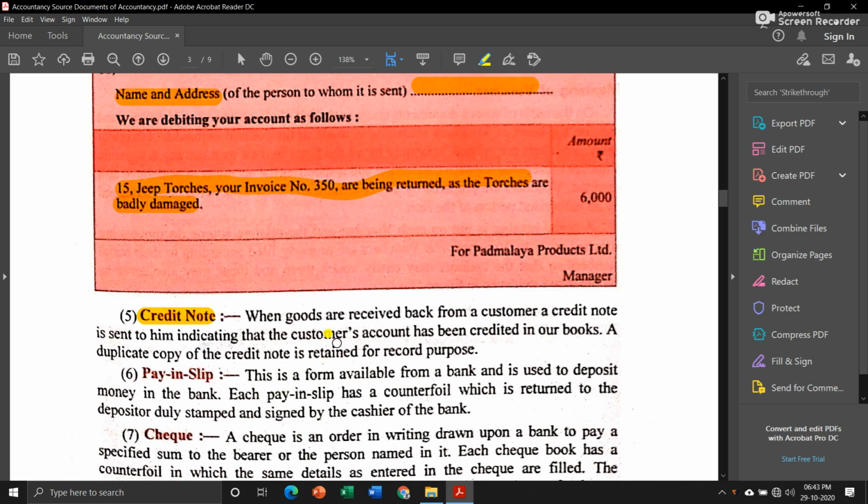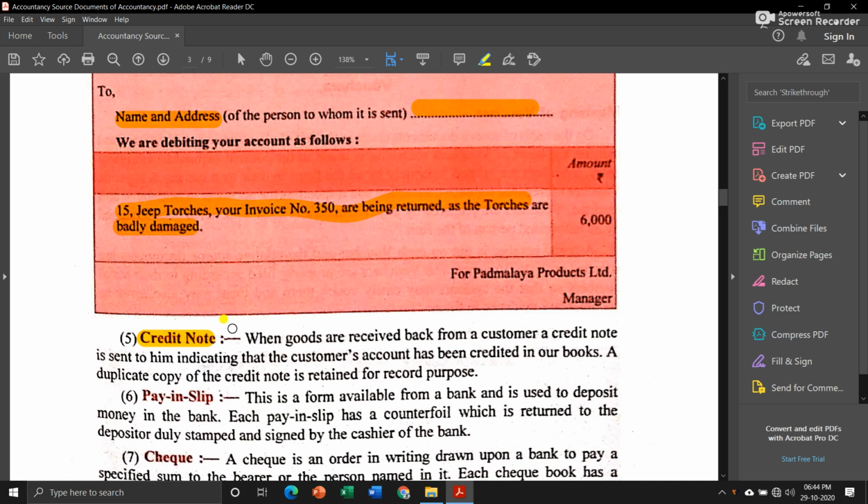But in some cases, suppose you have sold some goods to a customer and the customer is returning goods to you. Then you will receive a debit note from them, and in return you will issue a credit note to the customer mentioning that his account has been credited in your books.